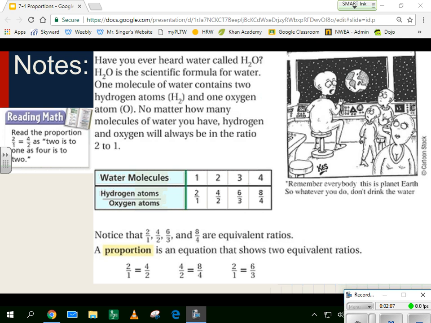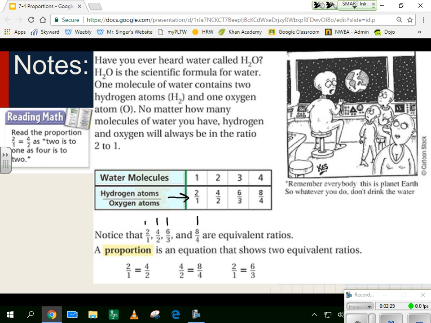If you had 2 water molecules, it would be 4 to 2, and so on and so on. You just keep multiplying up. So if you notice here, with the atoms of a water molecule, the ratio is actually equivalent ratios all the way up. 2 over 1, 4 over 2, 6 over 3, and 8 over 4.